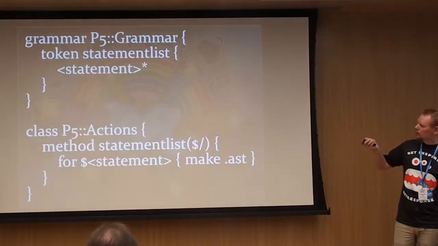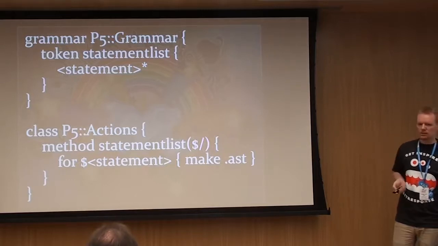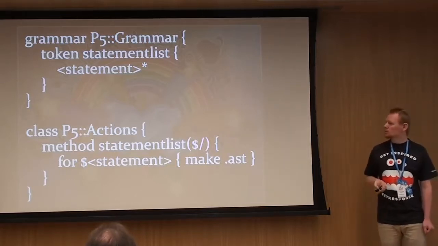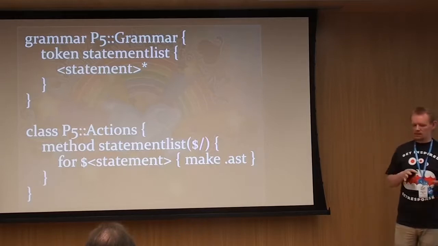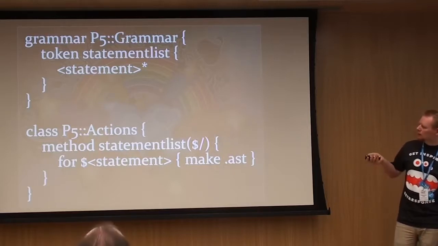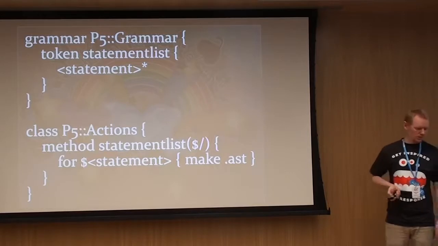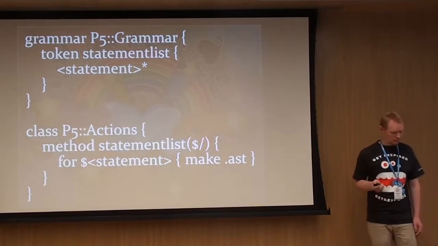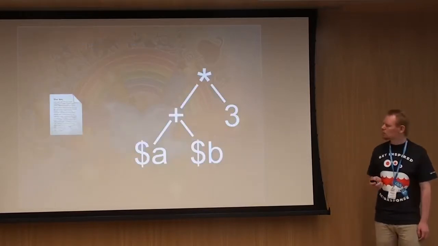We have our grammar. The grammar is a huge regex that reads in your code and has match objects that are like a parent and child relationship, and this gets turned using the action classes into an abstract syntax tree with operations and so on.